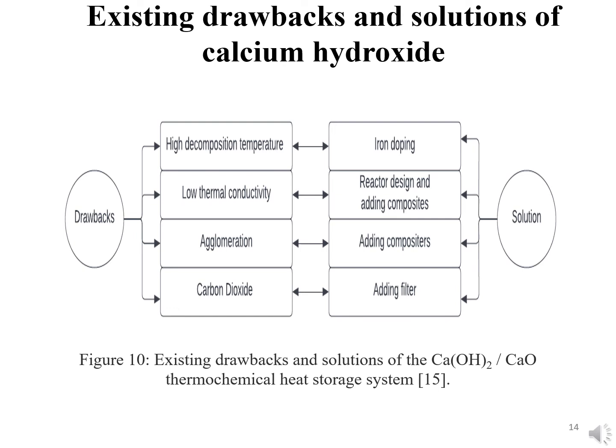For high decomposition temperature, iron doping was suggested. For low thermal conductivity, reactor design and adding composites were suggested. For formation of agglomeration, composites were suggested. And for carbon dioxide, usage of a filter was recommended.